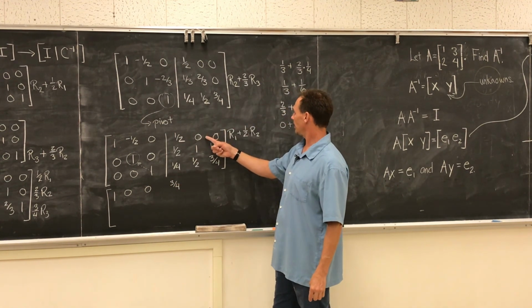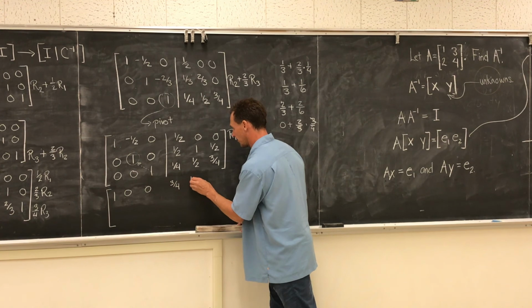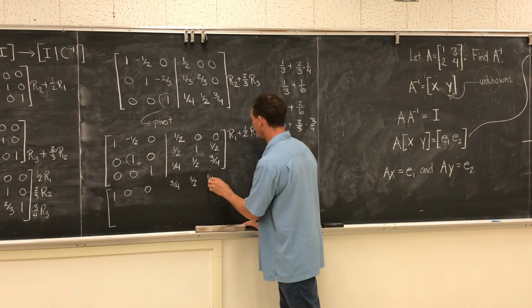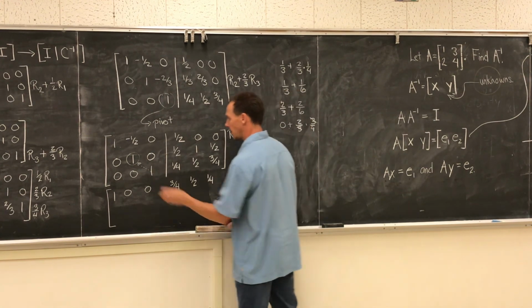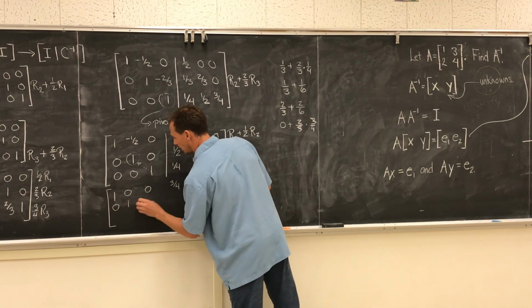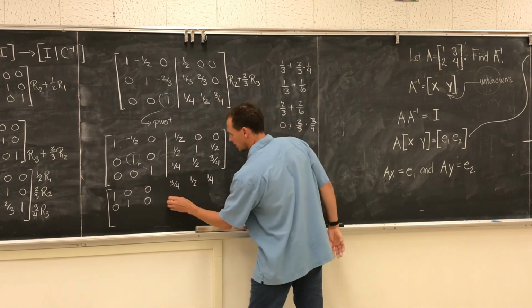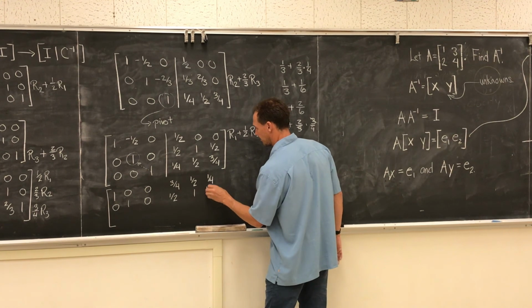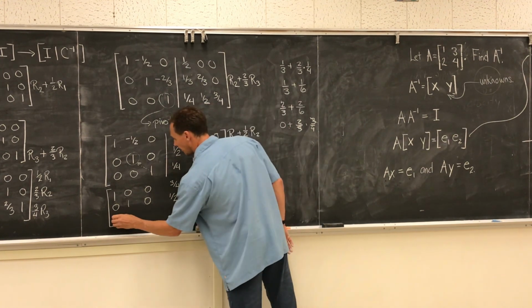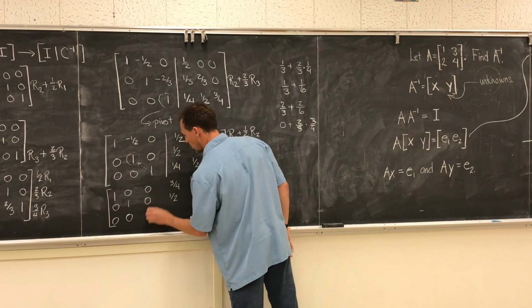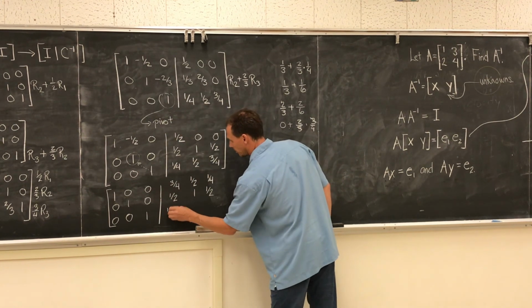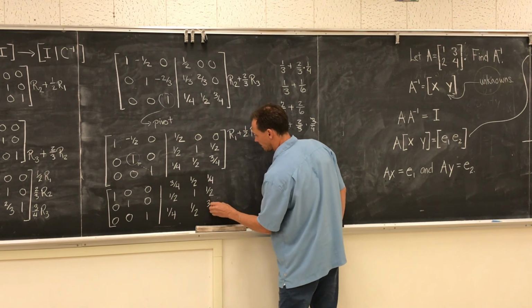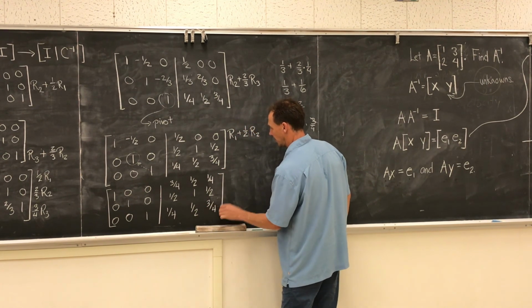Then 0 plus 1/2, 0 plus 1/4. And then the rest remains the same: 0, 1, 0, 1/2, 1, 1/2, 0, 0, 1, 1/4, 1/2, 3/4. And there we go.